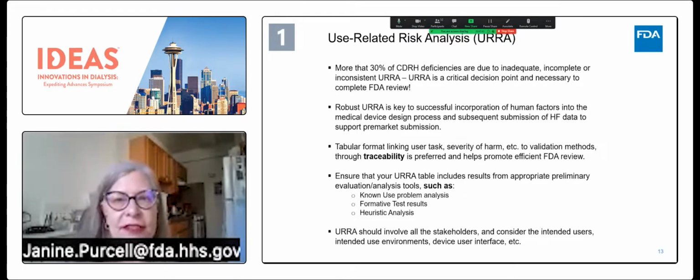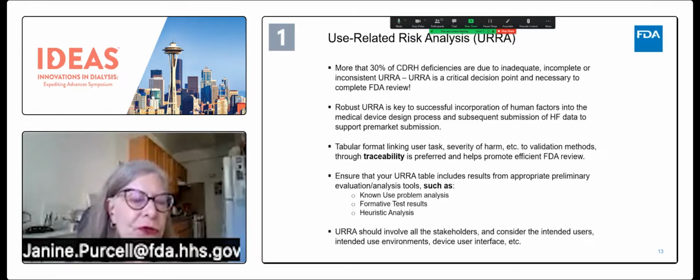And in the case of errors that will result in serious harm to the patient or operator, that's where your data really is proving to us or demonstrating to us the effectiveness of your risk control measures that you've designed into your device, and that you've done your level best and done what's reasonably possible to lower the risk of those errors when your device is used.